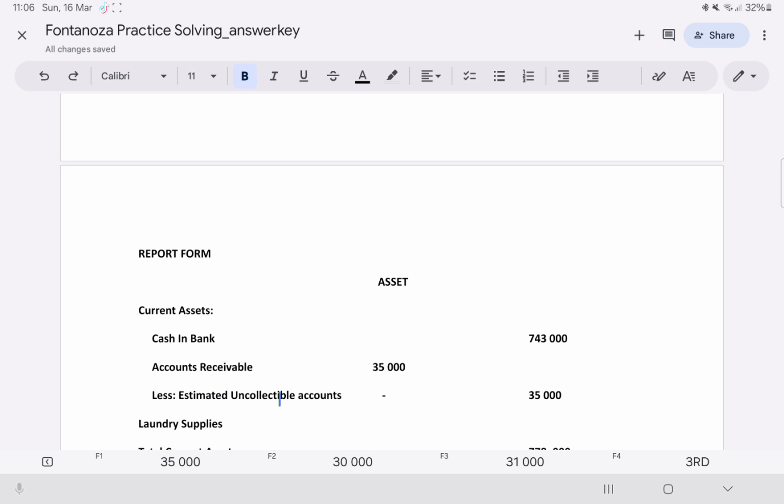Less estimated uncollectible accounts, put a dash because there is no data yet, as I mentioned from the previous discussion, there is no additional information in the problem yet, so we put a dash only. Then we sum up, so 35,000.